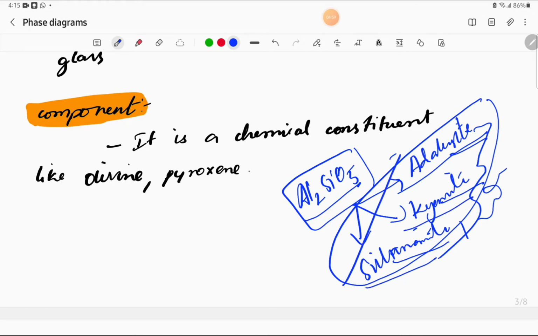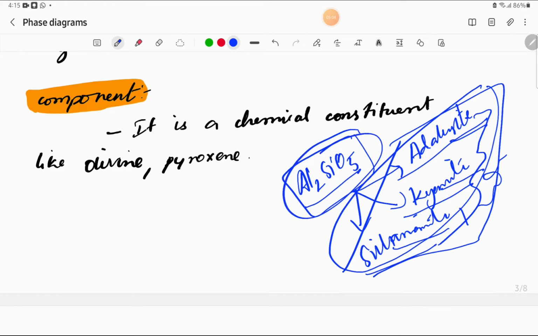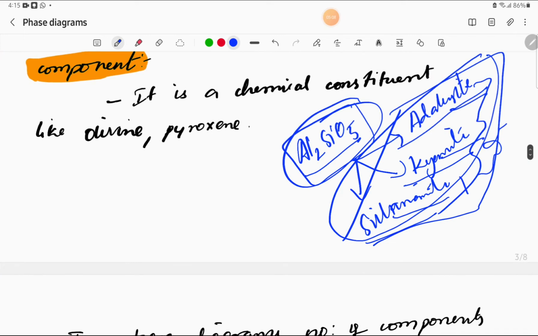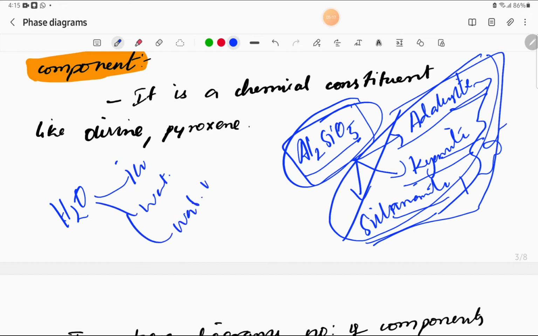But all this can be described by a single component, that is a single chemical species, which is Al2SiO5. The same with H2O: ice, water, and water vapor. All this can be described by a single chemical species, which is H2O. So that is called components.